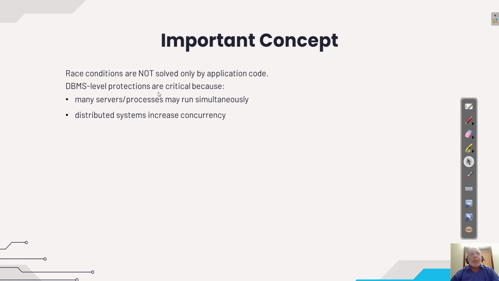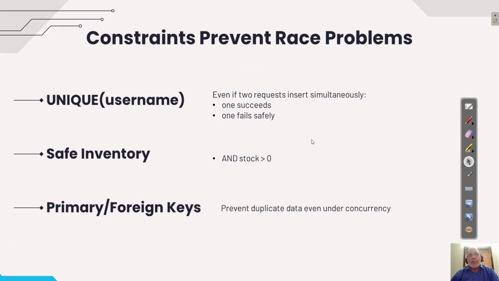DBMS level protections are critical because many server processes may run simultaneously, and distributed systems increase concurrency. That is why we apply these constraints at the database level.